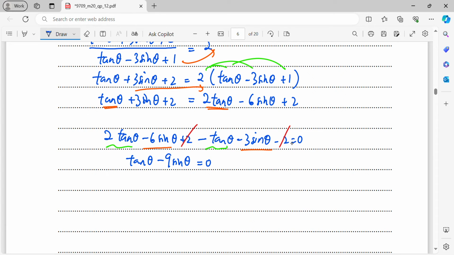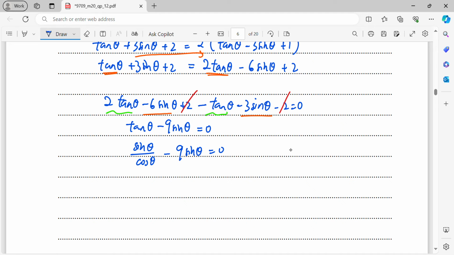According to the definition, tangent theta is basically sine theta over cos theta. Then minus 9 sine theta equals 0. So I will get the same denominator. When I get the same denominator, I change the 9 sine theta into cos over cos theta, which means I will get sine theta minus 9 sine theta cos theta over cos theta. This is what I get.